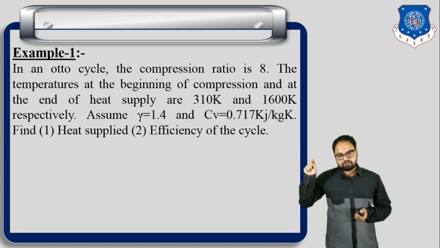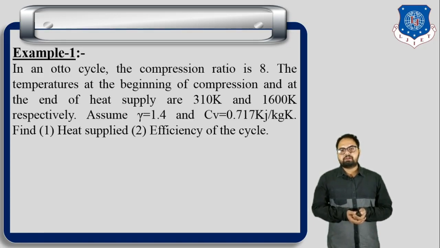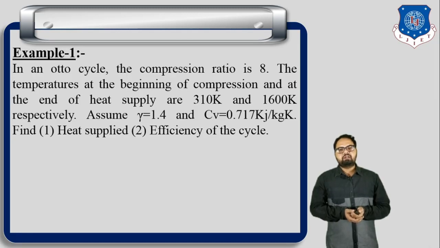So T1 is 310 Kelvin and T3 is 1600 Kelvin. Assume gamma is equal to 1.4, Cv is equal to 0.717 kilojoule per kilogram Kelvin. Find out the heat supplied and efficiency of the cycle.